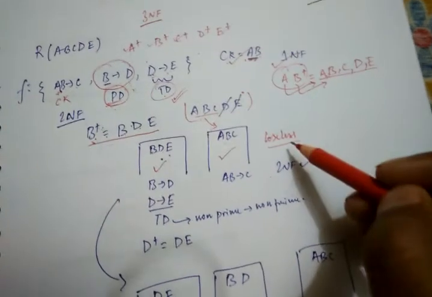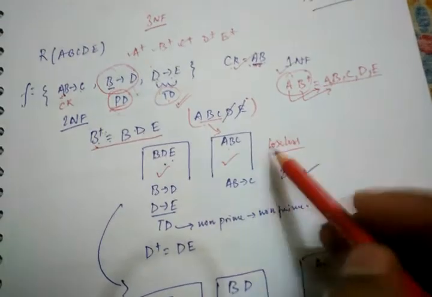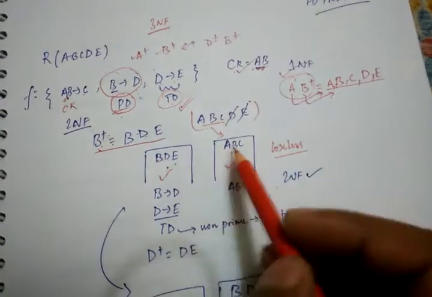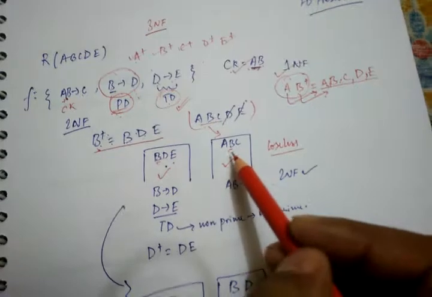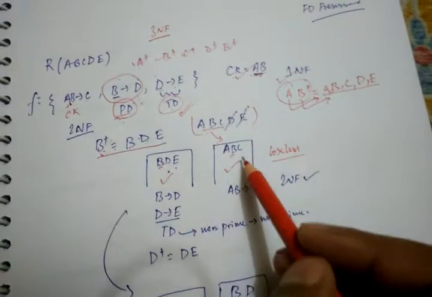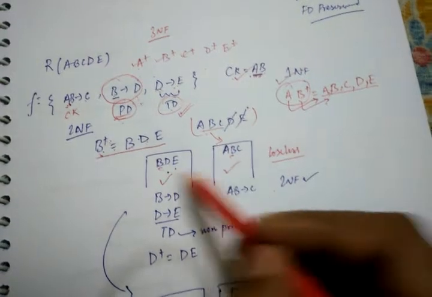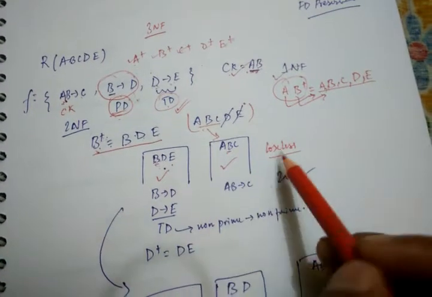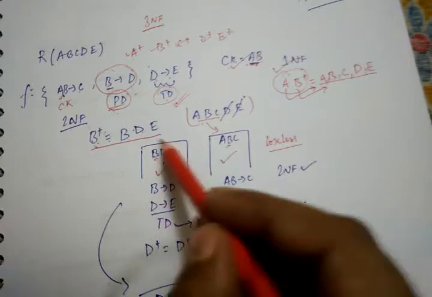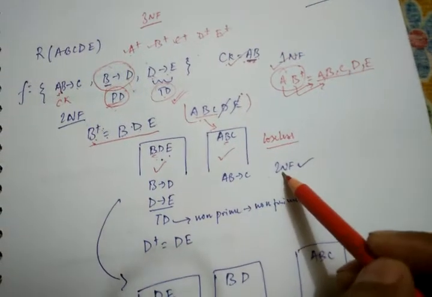What do we mean by lossless? The common attribute, which is B here, must be a candidate key in one of the tables. From this you can check that we can get everything. So this is lossless, and now this will be in second normal form.